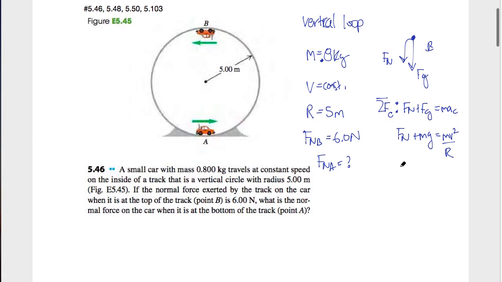I know all of these things: the normal force at the top, which is 6, the mass, g, and the radius. I do not know the velocity, so I'm going to solve for v squared. I'm not even going to square root it in this case. That will be r times Fn at B plus mg, all over m.